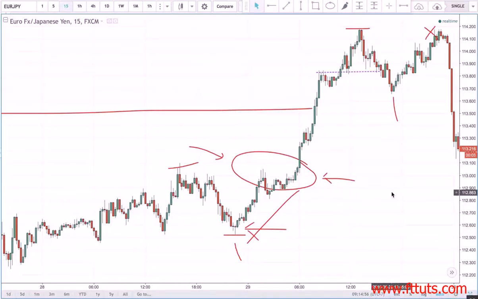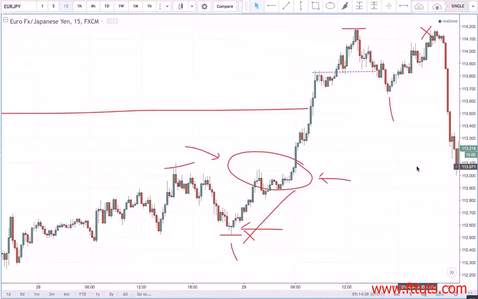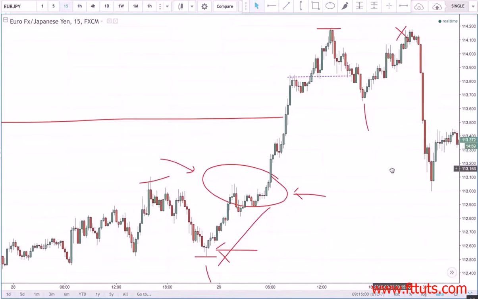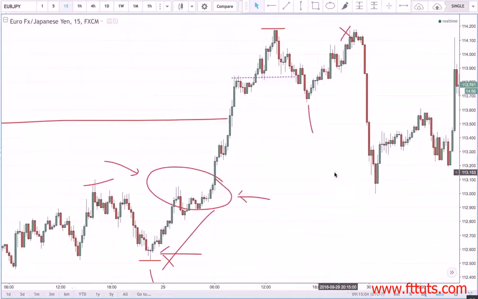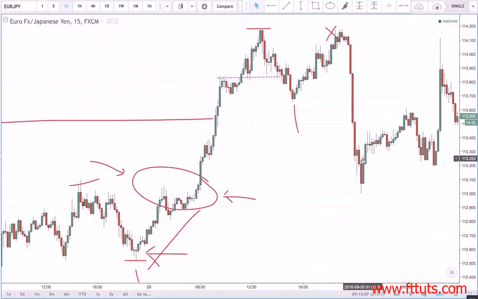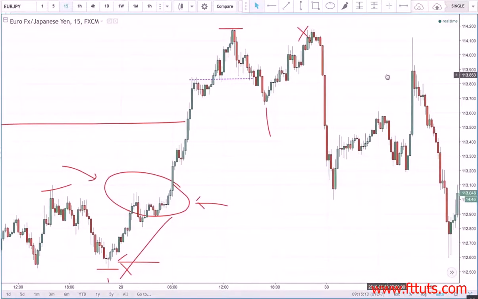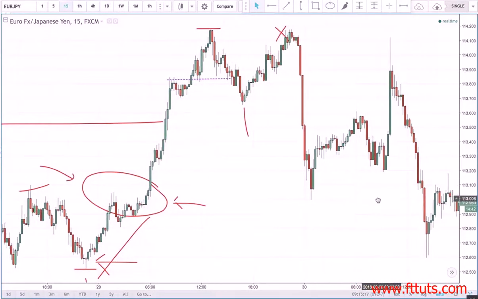So we're watching the market come down and saying we're still in buyer's territory. We're going to watch this area very carefully. It reattempts to make a higher high, still nothing, still in buyer's territory. Challenging the lows, still in buyer's territory.